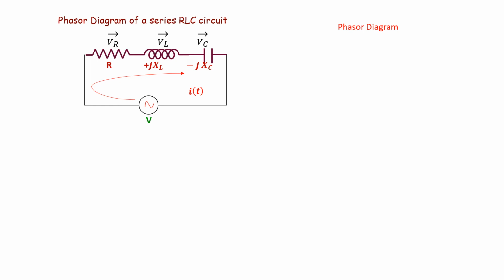Now let us look into the phasor diagram. We will take the current as the reference at 0. The current is taken as the reference because it is a common parameter for all the three elements.